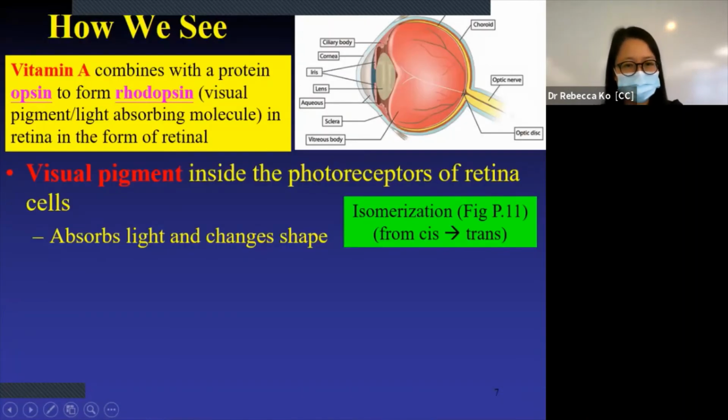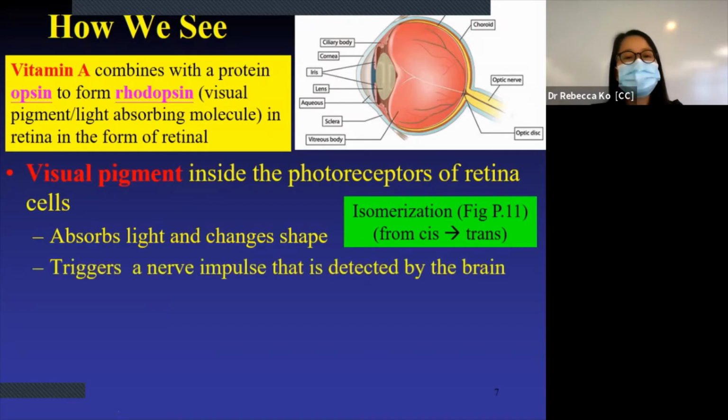Now, let's see. Okay, back to this page. As I just said, once absorbing the light, the double bond changes from the cis form to the trans form. After that, it will give a nerve impulse and send a signal to the brain, right?